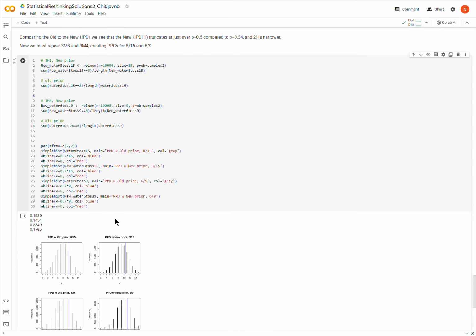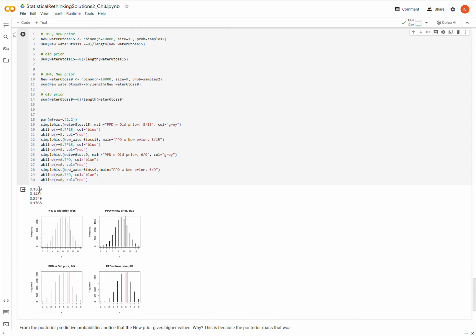So let's go to the readout. Let's look at these first two values here. These represent the posterior predictive probability mass for 8 waters and 15 tosses for the new and old posteriors.